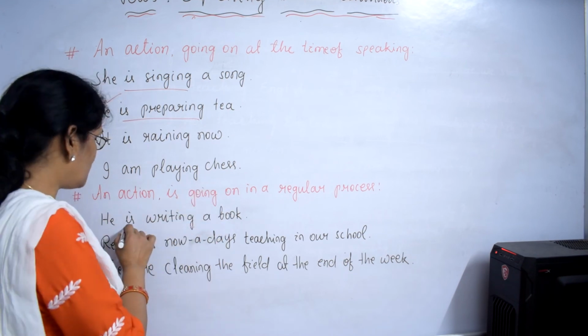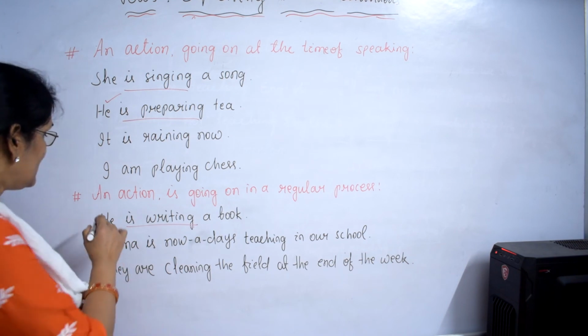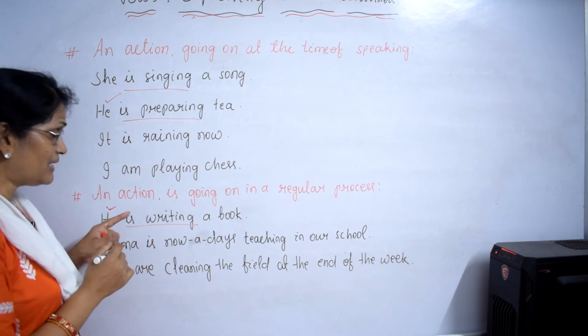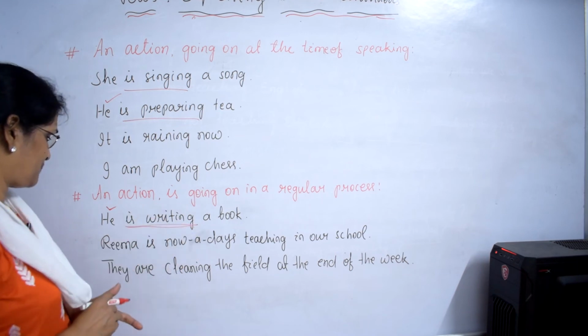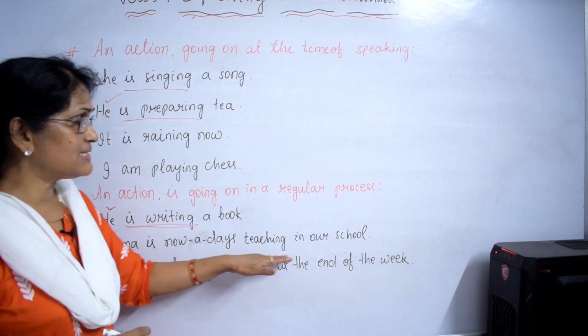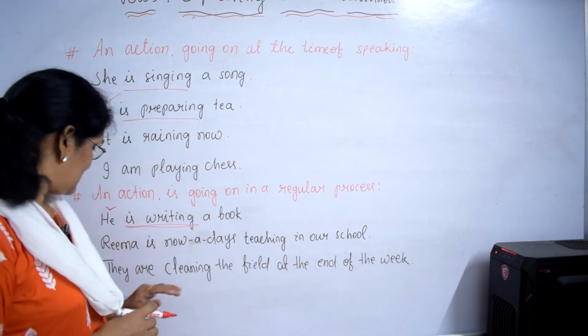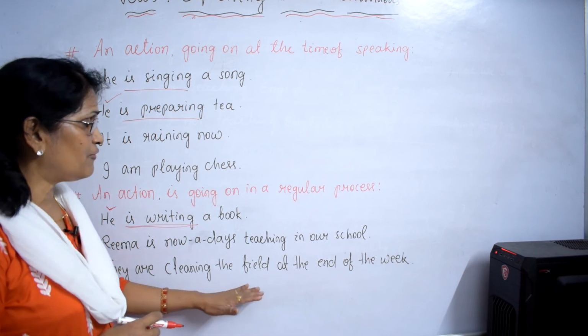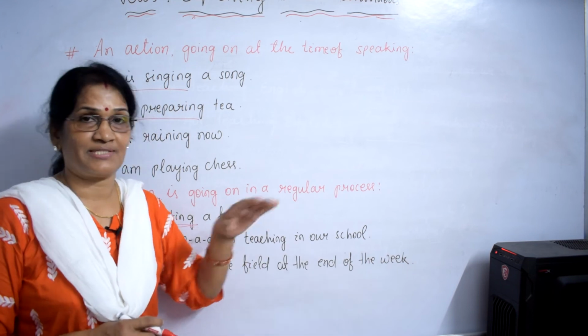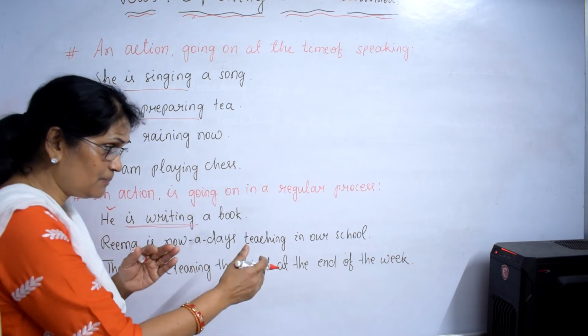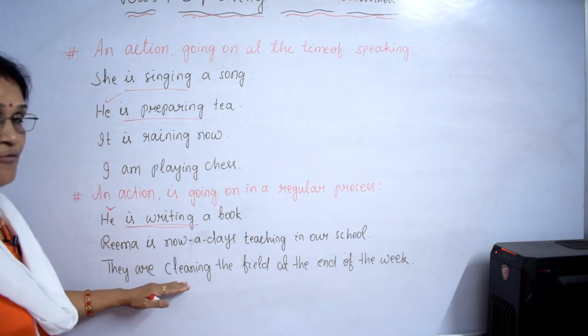His hobby is to write books. What is he doing? He is writing a book. Rima is nowadays teaching in our school. They are cleaning the field at the end of the week. That means this is one regular process they are doing.